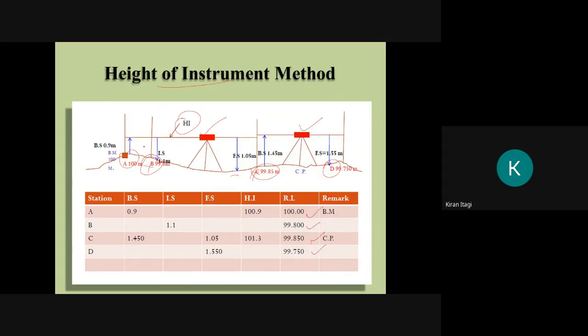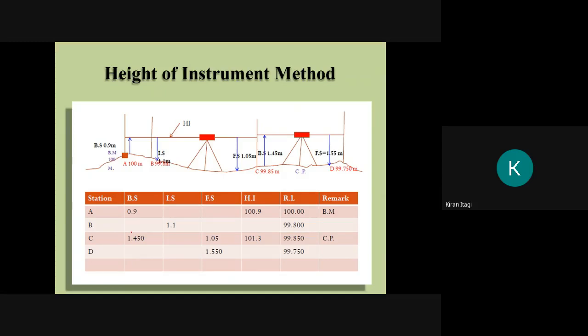Remember one thing: back side, intermediate side, intermediate side. It can be n number of intermediate sides. Then the last will be the fore side. When you do the change of point, then the first reading will be back side, then intermediate side, and fore side. Just remember this chain.